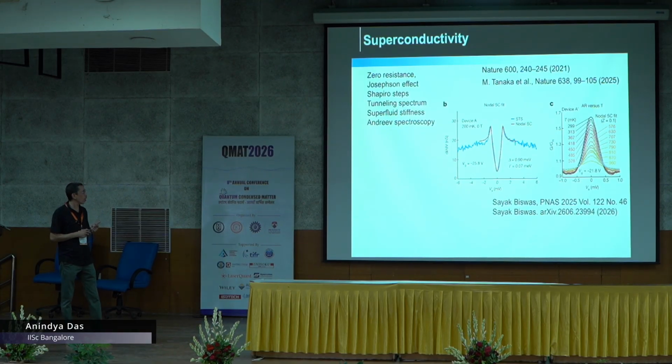You have to go beyond; some sort of nodal superconductor has been proposed, and the paper from Rajdeep and Mohit, Sayog, talks about, in fact a very recent paper which he mentioned yesterday, that you can find out whether it is a p-wave or d-wave, which nodal superconductor it is.